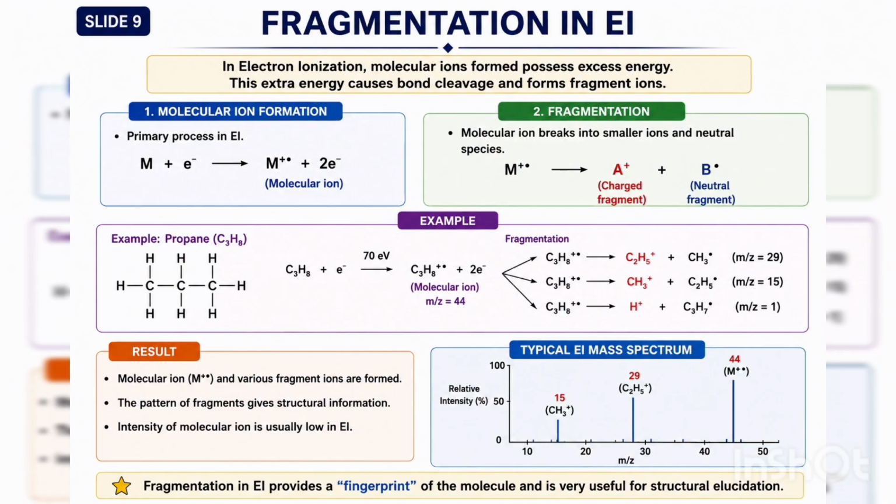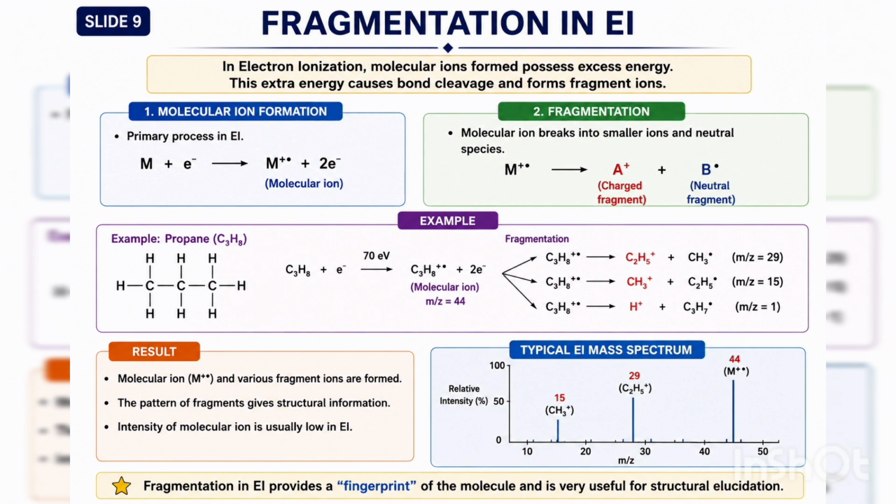C3H8 plus electron gives rise to C3H8 plus radical plus 2 electrons. The molecular ion is formed. Then the molecular ion can break into smaller ions. For example, cleavage can produce a fragment ion such as C2H5 plus and other species. The exact fragments depend on the molecular structure and the stability of the resulting ion.